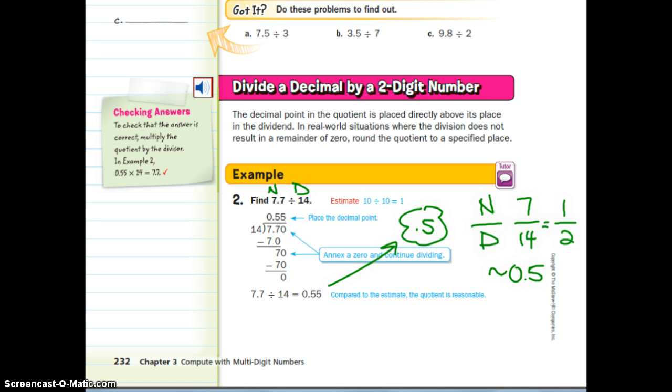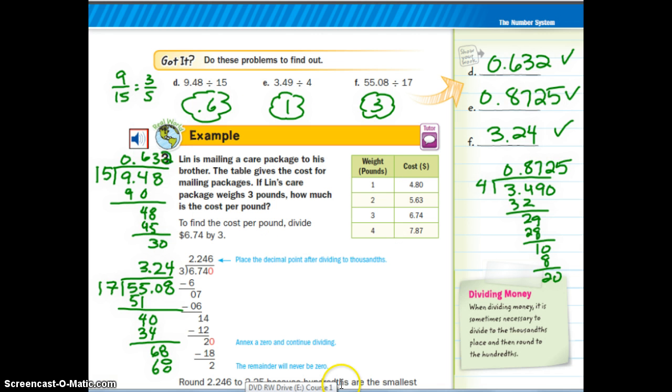So again, when we look at our estimate, we look at our answer, it makes sense. Always, always remember, down denominator, don't go into den. Just because 7.7 is smaller than 14 does not mean that the 14 goes inside. It means that the first number is the numerator, which is the dividend, and must go inside the den. All right, gotta go. See you in a minute.